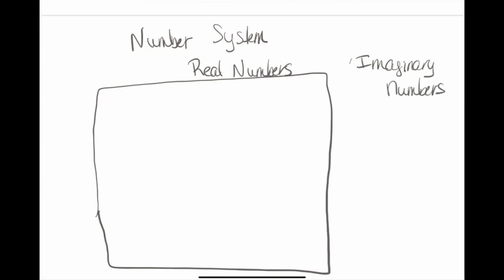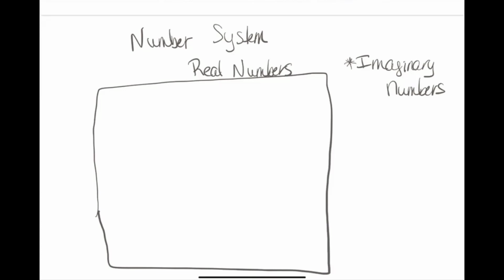We'll get to these way later on in the semester or the year. We're not going to focus on imaginary numbers right now. We're just going to focus on some real numbers, right? So if we're looking at real numbers, there's a whole bunch of different little categories that these fall into.